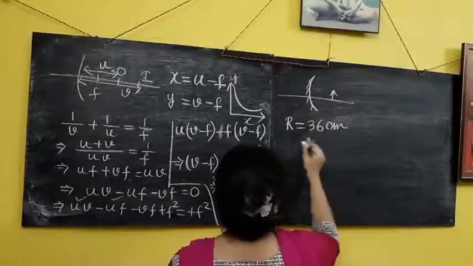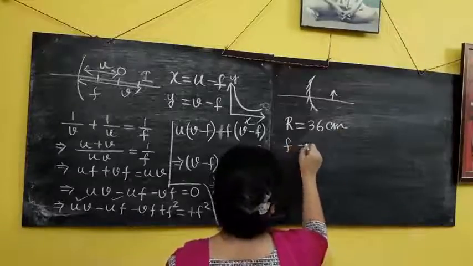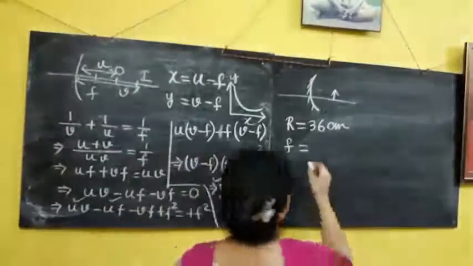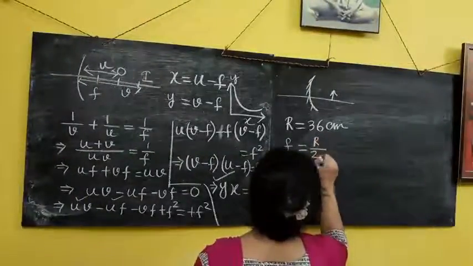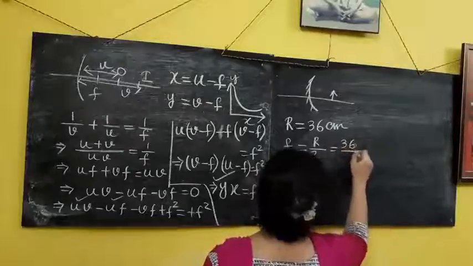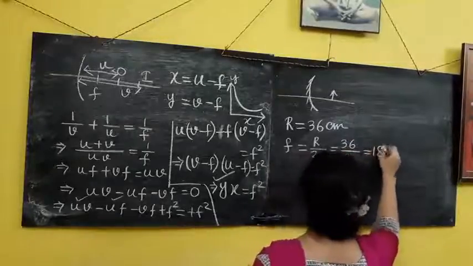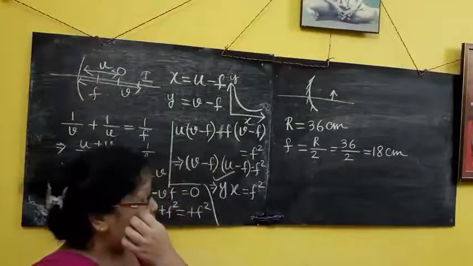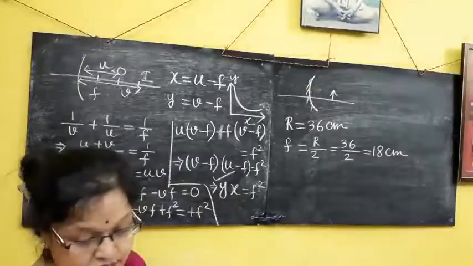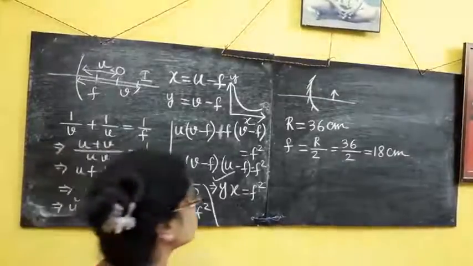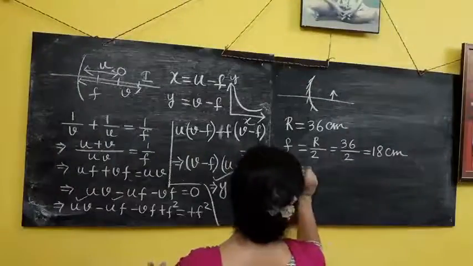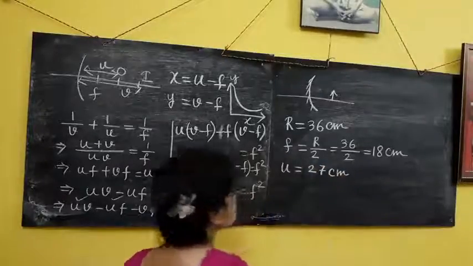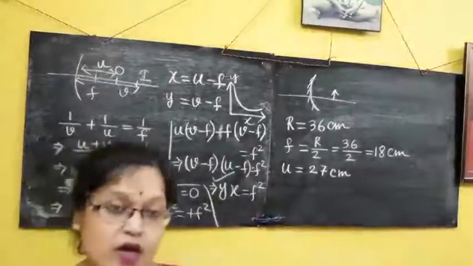So the focal length will be R by 2. So 36 by 2, that is 18 centimeter. Now where is the object placed? Object placed 27 centimeters, so object distance U equals 27 centimeter.